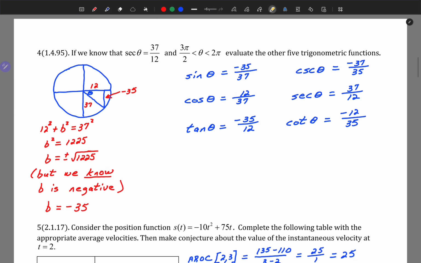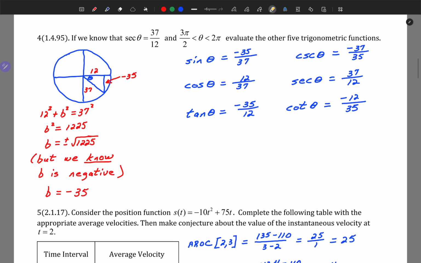Up next, for number 4. If I tell you something like the secant of theta is 37 over 12, and I tell you that theta is an angle in quadrant 4, it's greater than 3 pi over 2, but less than 2 pi. So in order to kind of show my thinking on this, I went ahead and drew a circle.